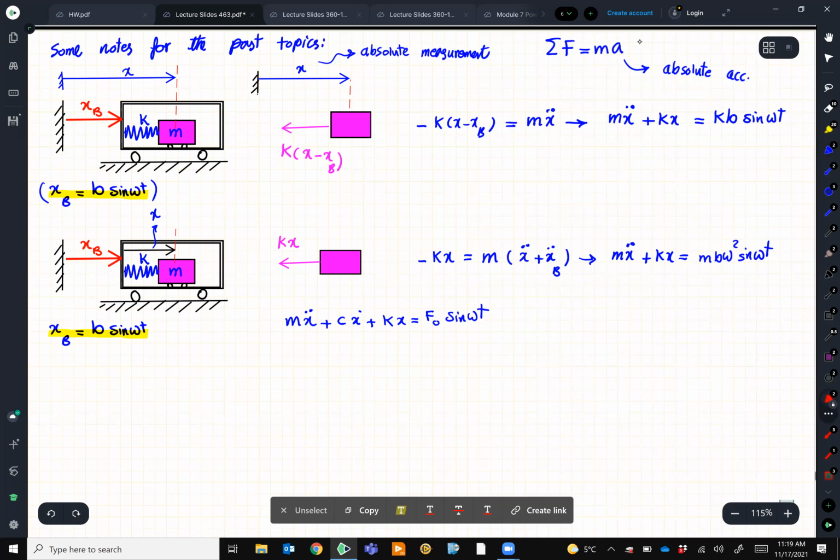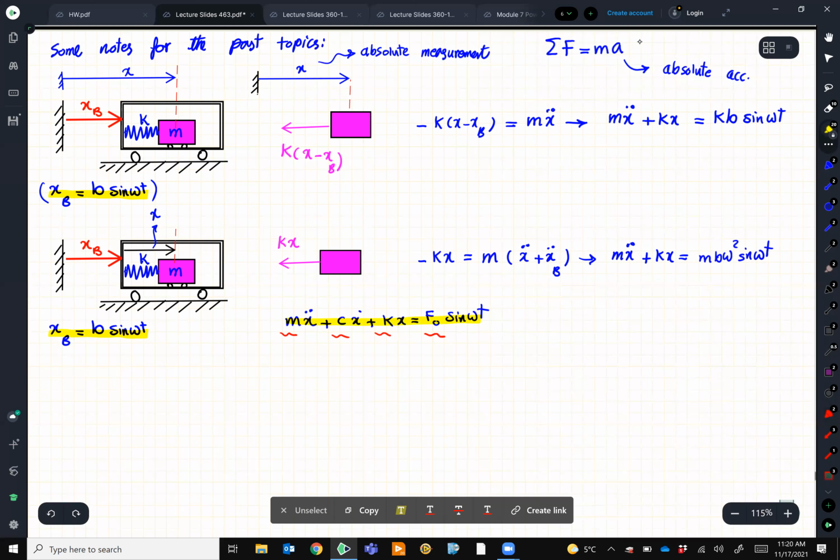This M, C, K, and F0 will have a different form when I have a rotating system. So remember, in your final exam, you may see a question that is a combination of rotation, unbalanced mass, and base motion. So you don't need those formulas that we developed for base motion or for unbalanced mass. You need to develop your own formula by getting to this standard form.